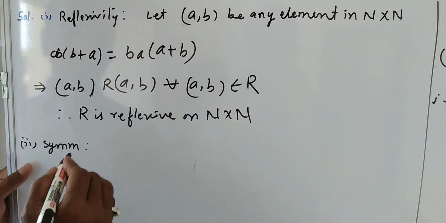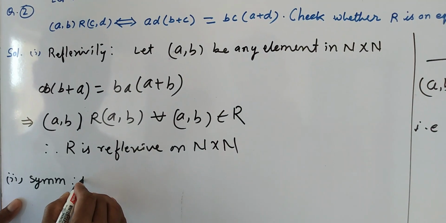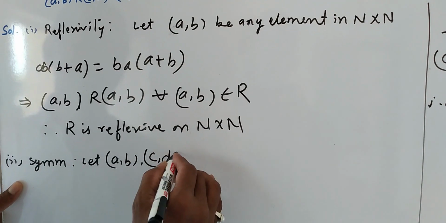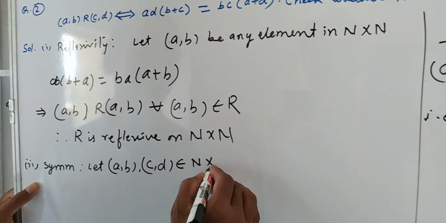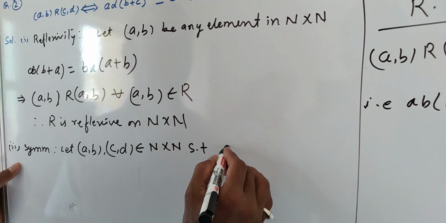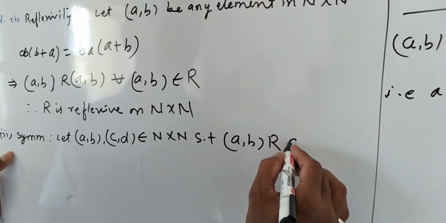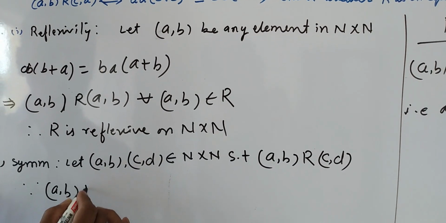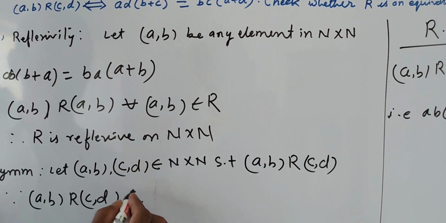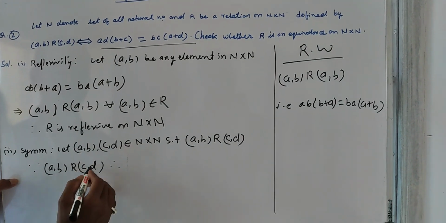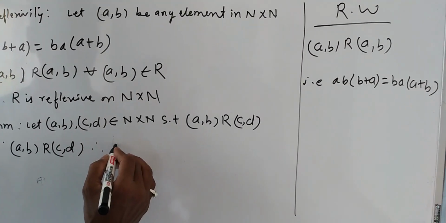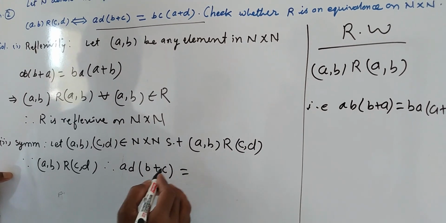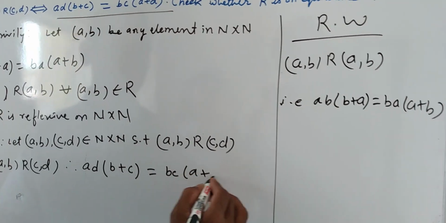Next is symmetric. For symmetric, we take two elements in N cross N. So let (a, b) and (c, d) be any two elements in N cross N such that (a, b) is related to (c, d). Since (a, b) is related to (c, d), according to this relation we can write ad(b + c) = bc(a + d).